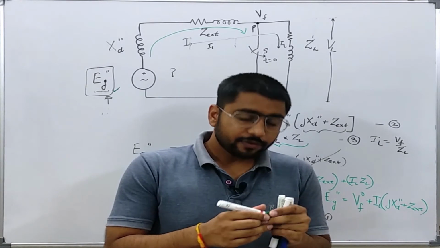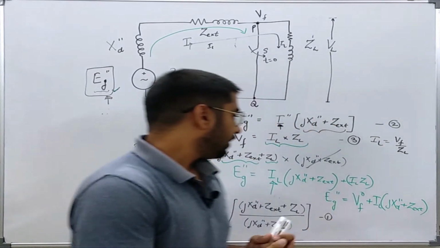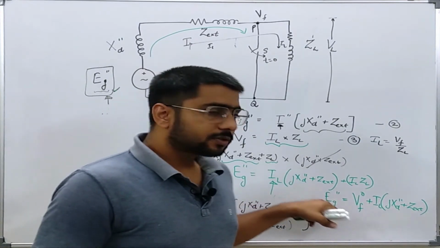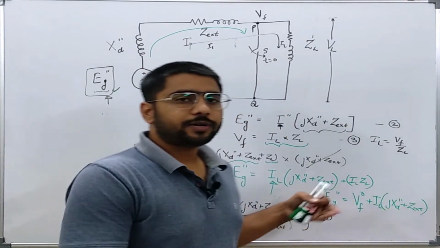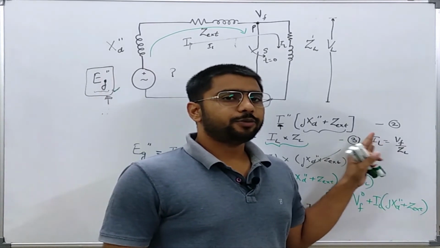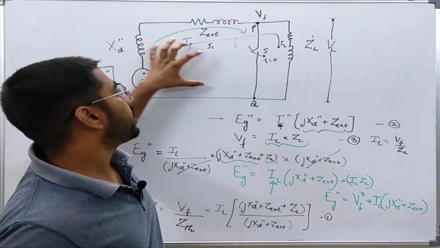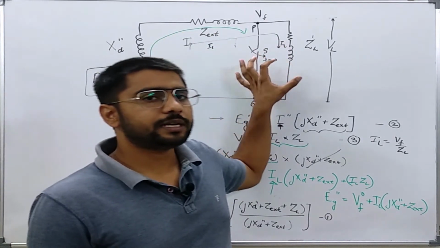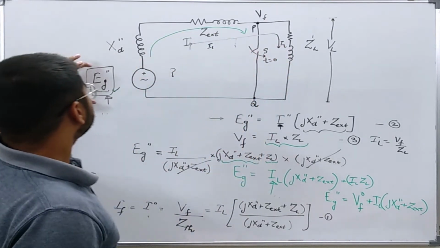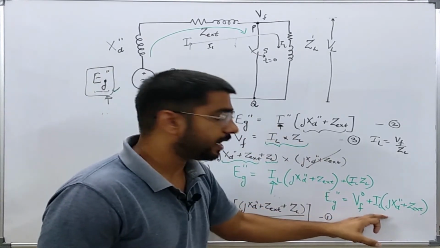Now there was a question in one of the previous GATE exams that was quite confusing the students, what value of current to be used. Now I think I have made pretty clear that in such kind of questions where there is already some load current flowing through the network, this equivalent voltage source's value depends upon the load current.